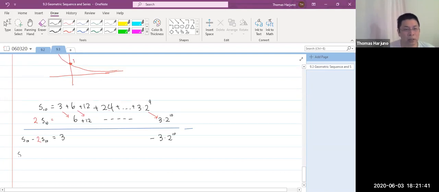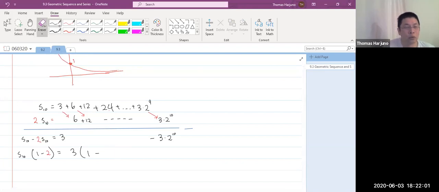Now factor this. The 10th partial sum equals 3, factor 3, times 1 minus 2 to the 10.